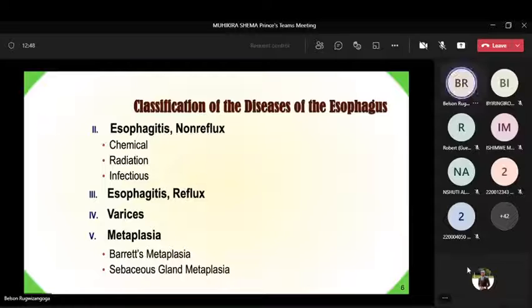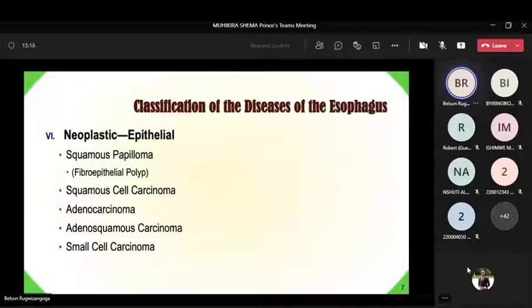So when there is this one, it is a precancer lesion. So another, it is a sebaceous gland metaplasia, which is not a precancer lesion. It is when there are some sebaceous glands. You know, sebaceous glands should exist in the skin, within the dermis, but they can appear here, and the cause is unknown.